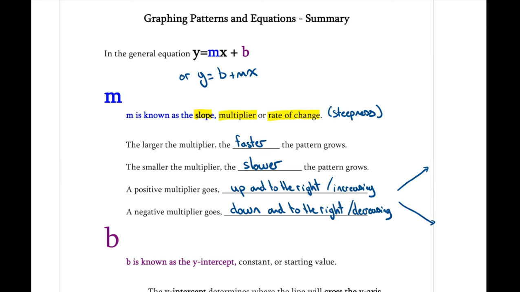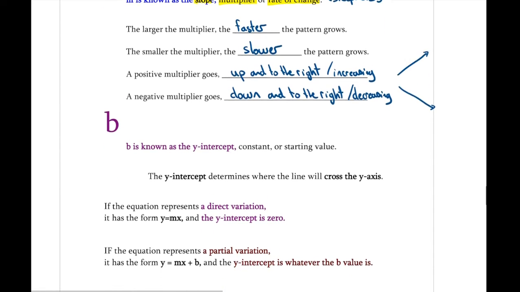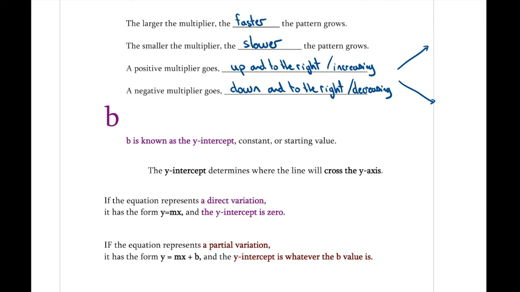The second key piece of our equation is the b value. And the b value is known as the y-intercept. So that was the new term that we learned in the investigation. It is also known as the constant or the starting value. Again, the constant because it's a number on its own, there's no variable attached.